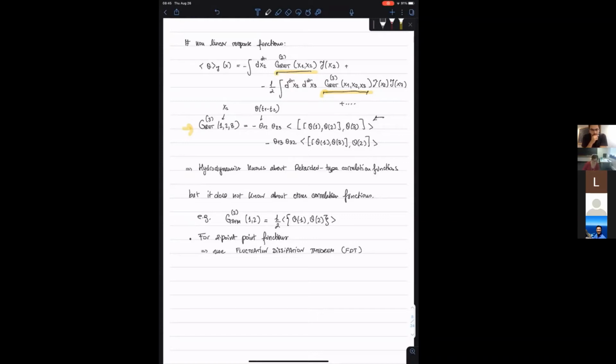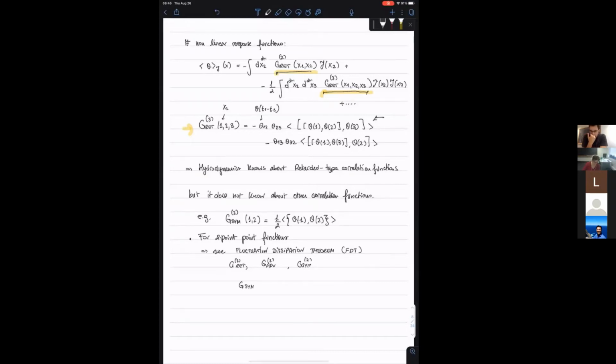For example, for two-point functions, where you have the retarded correlator, the advanced correlator, which you can think of as the time reversal of the retarded correlator, and the symmetric correlator, they are all related. And in particular, there is this relation here.